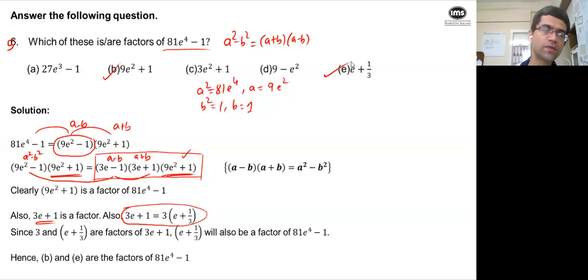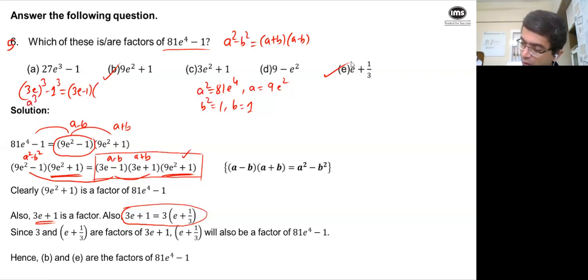Whereas 27e cube minus 1 is not going to be a factor of 81e^4 minus 1. Why? Because this is going to be of the form (3e) whole cube minus 1 cube, a cube minus b cube format. And what is a cube minus b cube format? Remember a cube minus b cube?